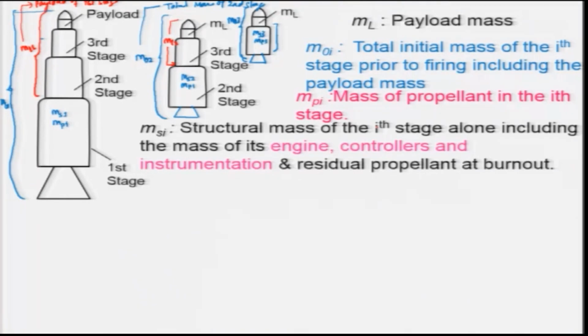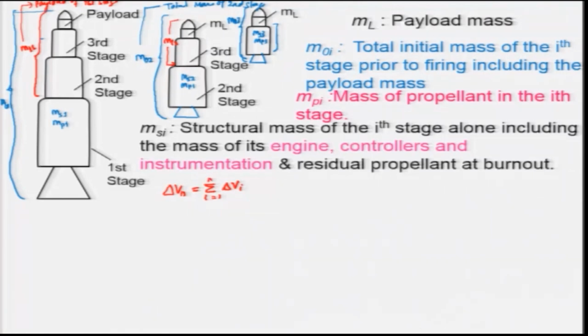So, if you look at, we need to find out delta Vn. Delta Vn, the change in velocity or the velocity increment of the nth stage, is equal to the summation of delta Vi, where i is equal to 1 to n, and n is the number of stages.